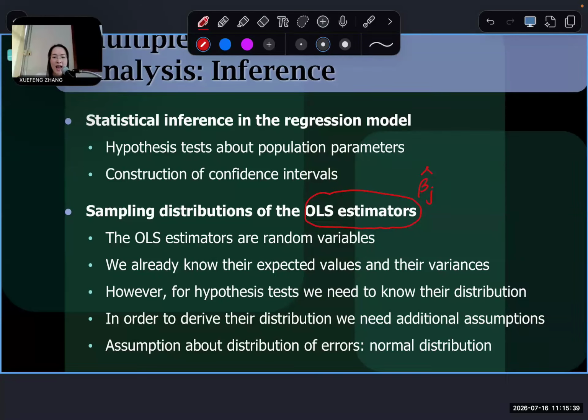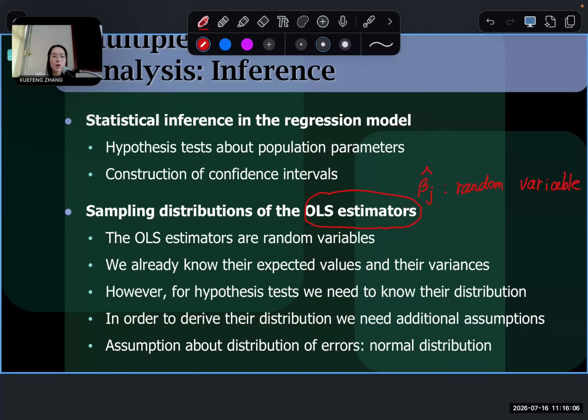So beta j hat is actually a random variable. It has its own distribution. You learned it from statistics, right? As long as x is a random variable, it has its own distribution across many possible samples.